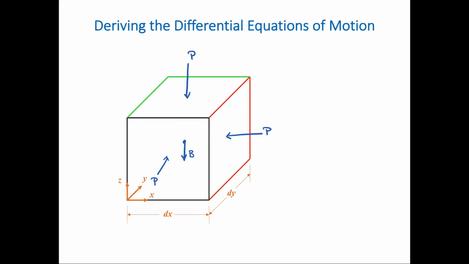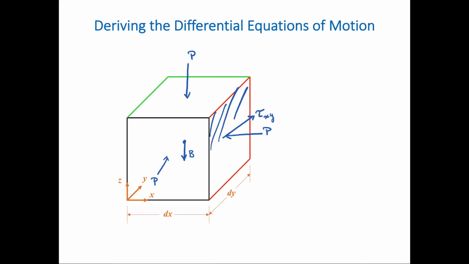Now, there are other forces that can act upon the surface of this element, and those forces might be shear stress. We would denote those as tau x, because we're on the x surface, and I'm going to write y, because I'm on the x surface and I'm pointed in the y direction.